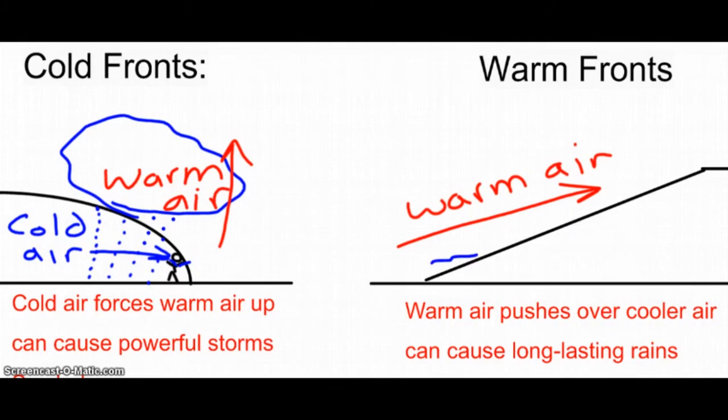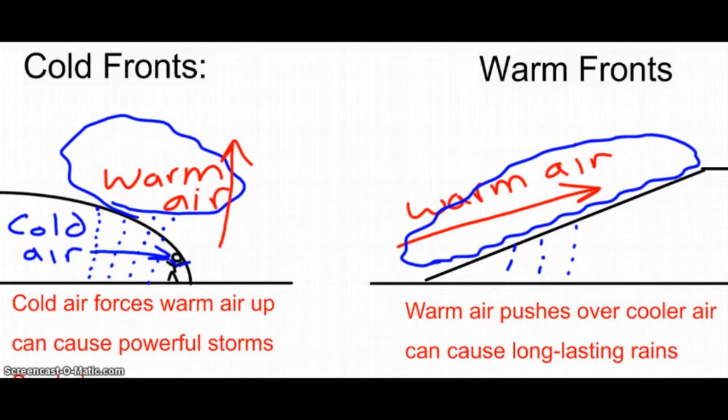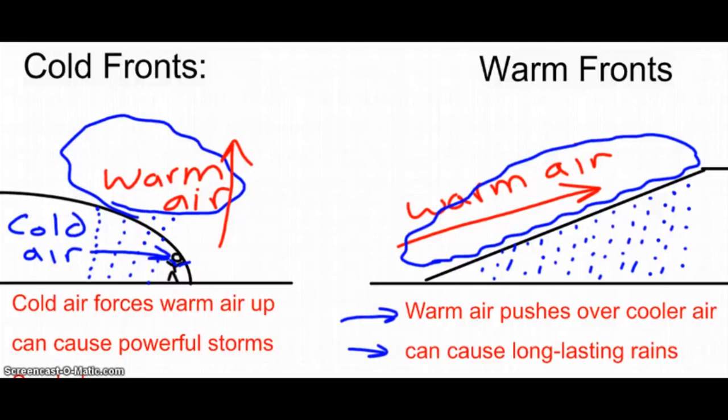What you end up with can be clouds and rain that lasts for days. If you've ever had a week of your life that was just mostly rain, it might have been a warm front going overhead. They take a long time to move through, and if the conditions are right, it'll make rain that seems never ending, raining for days and days. So warm air pushes over cooler air, and it can cause long-lasting rains.